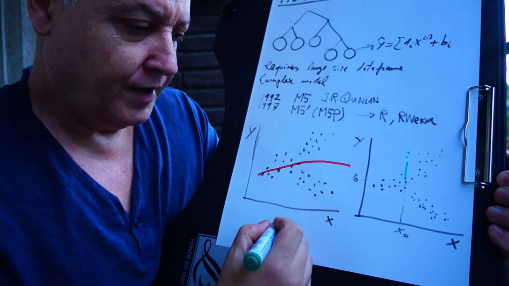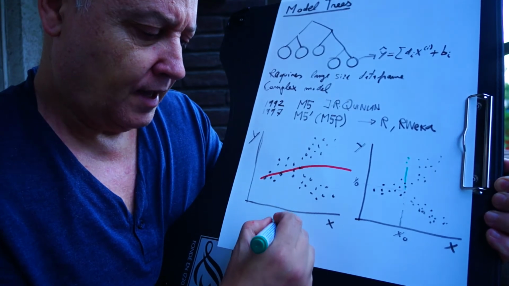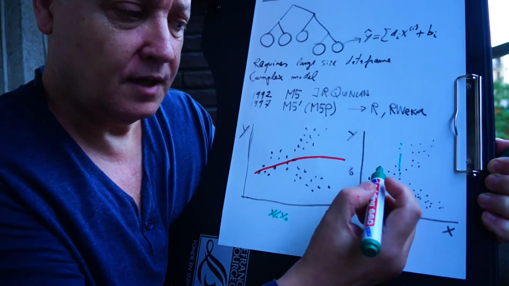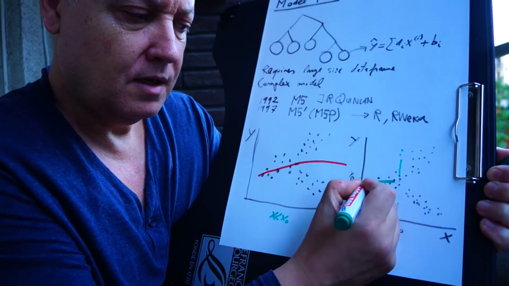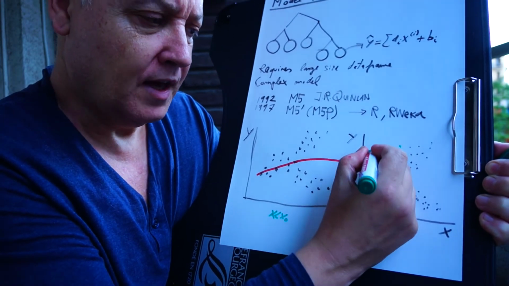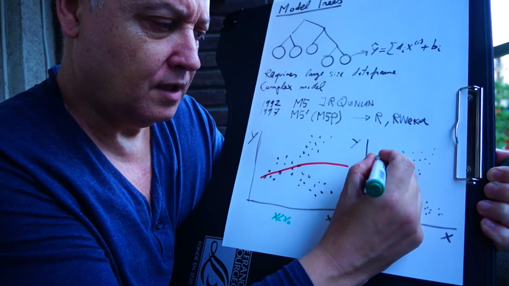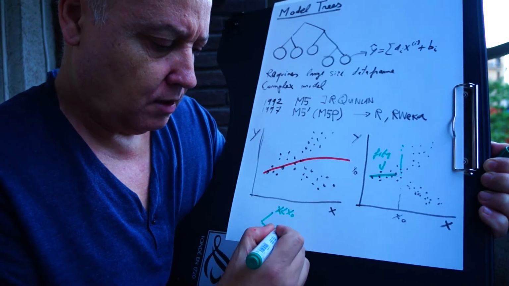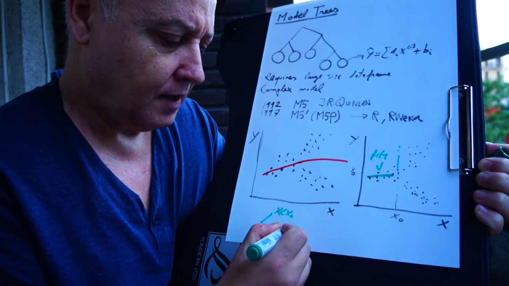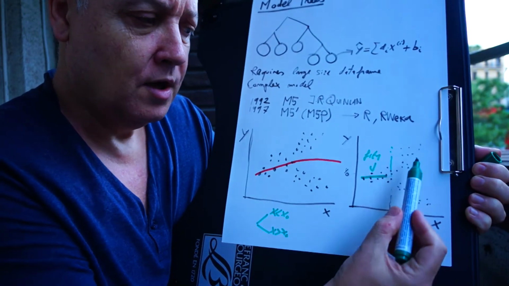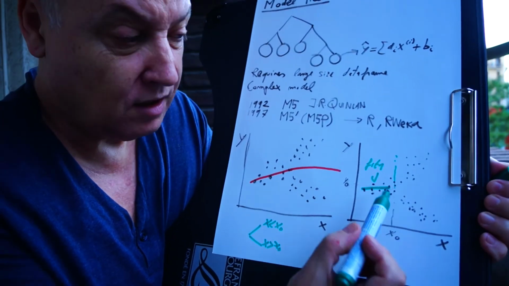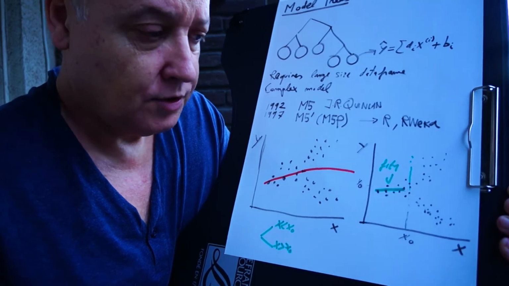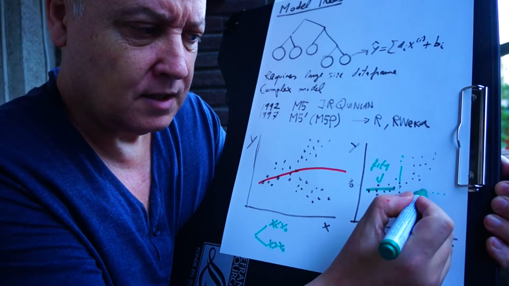So you do first x less than x0, and in that case you are at the left, and here you could fit this part here with a linear regression. So this is the fit one part, and if not, you have the tree starting here. If x is more than x0, you have this part here, and you know that you cannot do a linear fitting for all these points, so you enter a new rule that divides like here.